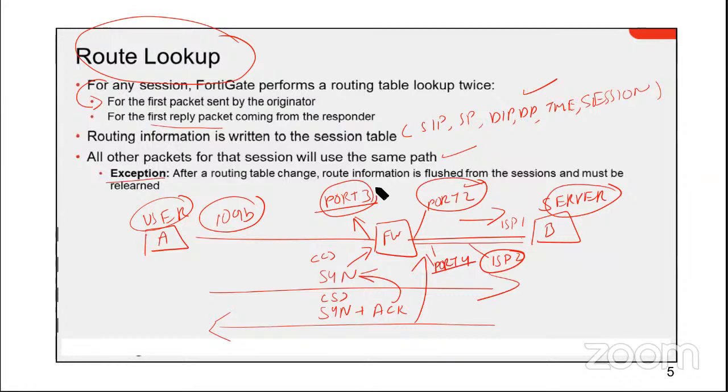So now I know that port 3 still remains the same for accessing the user, but in case of the server, rather than using port 2, I have to use port 4. So whenever a routing table change happens, route information is flushed from the session and must be relearned. That's what it means.